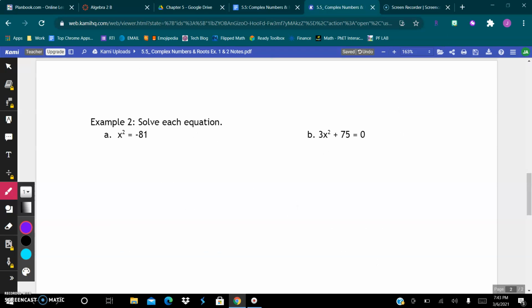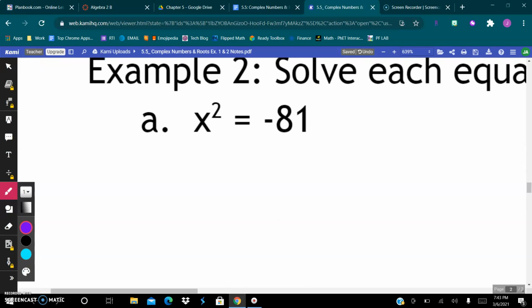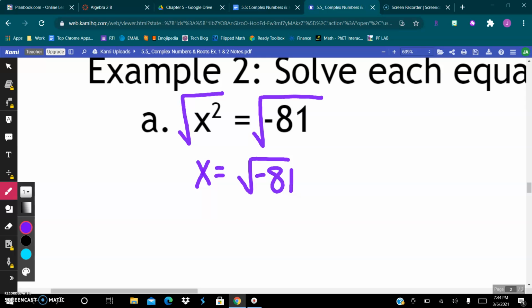Then the other thing we're going to talk about is how to solve equations using these. So we want to know what x is. So our goal is to isolate x squared by itself, which in part A here is already done for us. So to cancel out the squared, we'd have to take the square root. So we would have x equals the square root of negative 81.